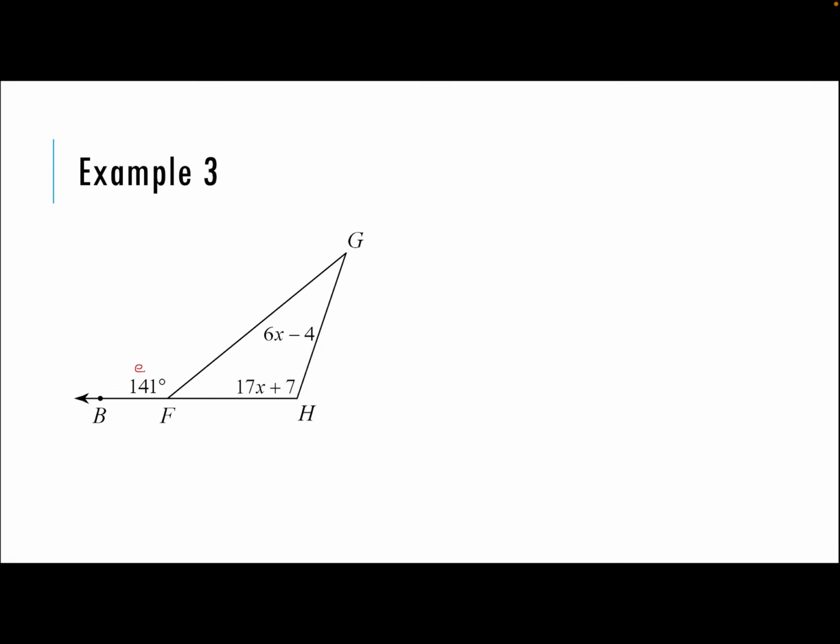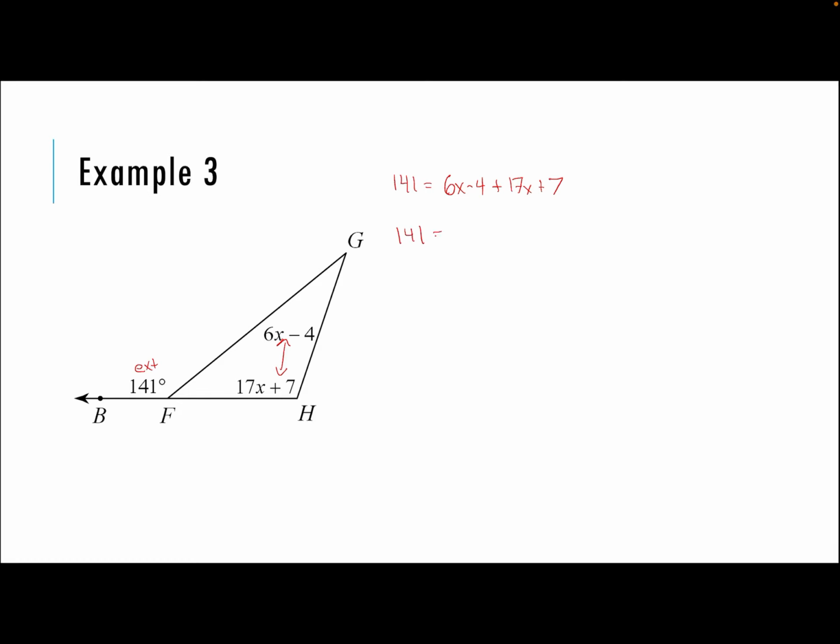So we have our exterior angle and we have our two opposite interior angles. And we know that the exterior angle is equal to the sum of the opposite interior angles. So 141 is equal to 6x minus 4 plus 17x plus 7.